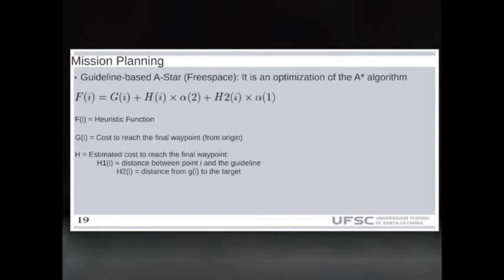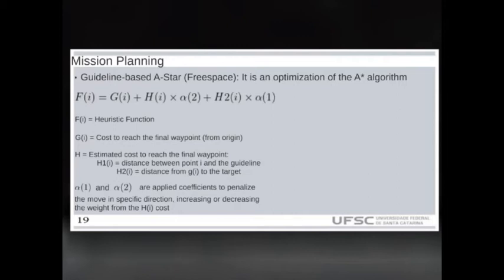And the a1 is the distance between the point i, I forgot to write one here, this is the a1, and the guideline that I will show later. That's the lateral distance. And the a2 is the longitudinal distance from g_i to the target. Not from the origin, but for the point the planner is calculating. So alpha 1 and alpha 2 are coefficients to penalize moving in a specific direction, increasing or decreasing the weight of the cost.